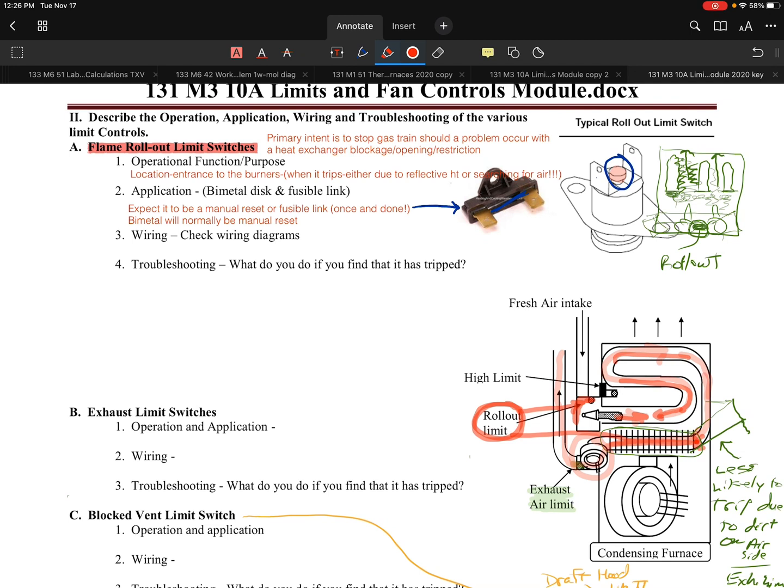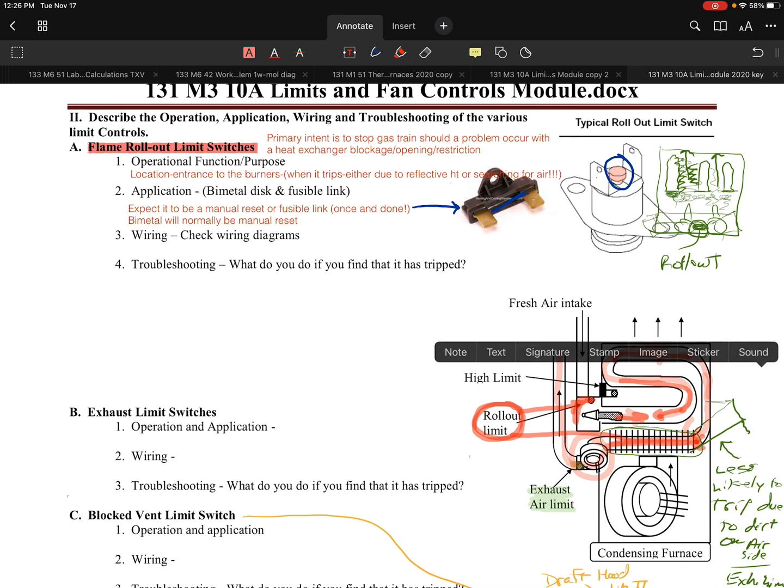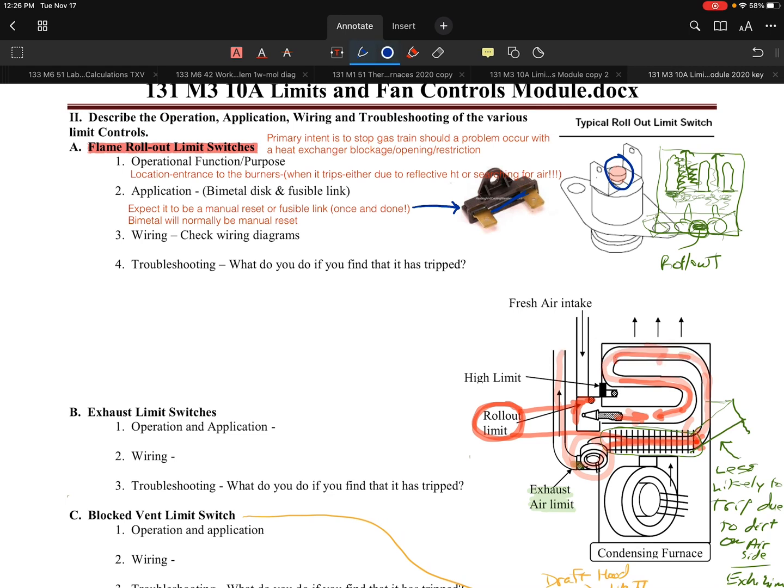Now what happens in these systems is when there becomes an excess of restriction. Let me back up one step. Not only do we pull the products out, it also pulls air in. For example, the arrow shown on the fresh air intake pipe is an indicator: if we're pulling air out, we have to pull air in.